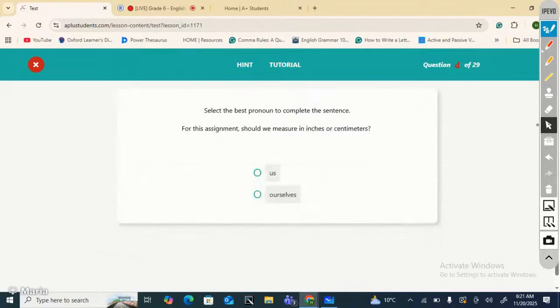For this assignment, should we measure in inches or centimeters? Okay, one missing word is this one here. For this assignment, should we measure blank in inches or centimeters? Us or ourselves?